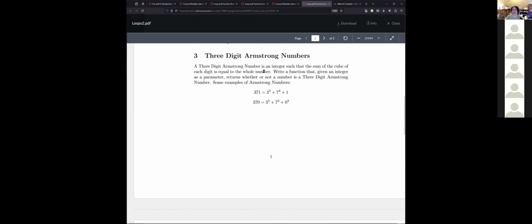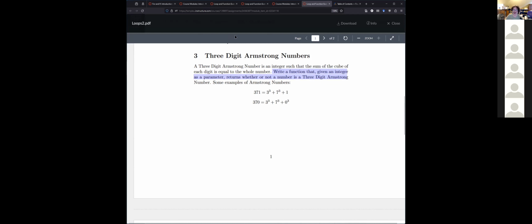A 3-digit Armstrong number is an integer such that the sum of the cube of each digit is equal to the whole number. That's a wordy definition. Write a function that, given an integer, returns whether or not that number is a 3-digit Armstrong number.